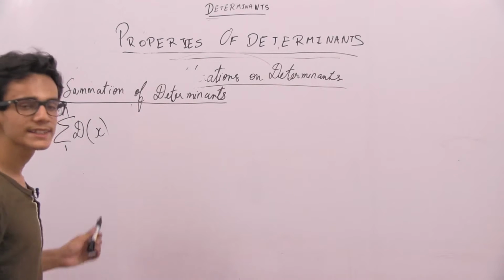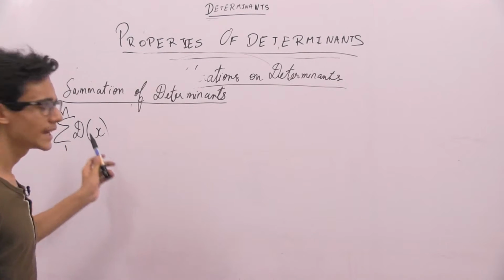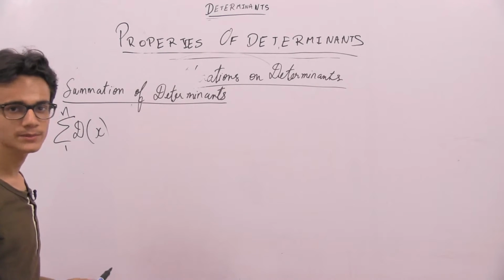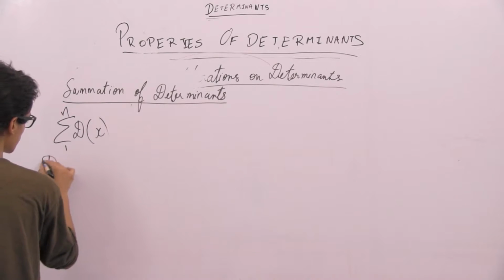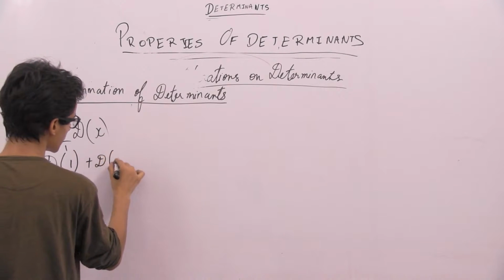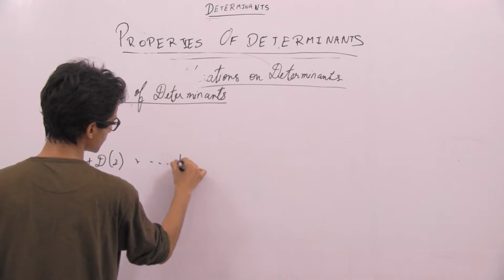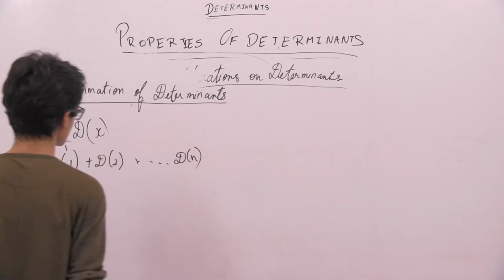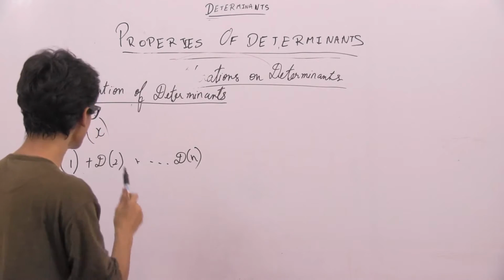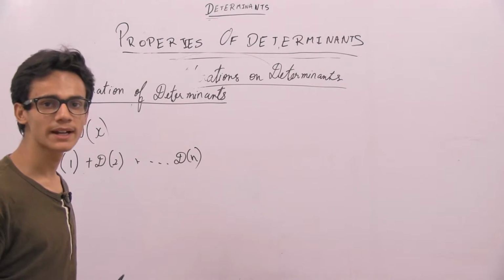Now we want to find the summation of the determinants we get when x changes from 1 to n one by one. So here we need to find the determinant when x is 1, plus the determinant when x is 2, till the determinant when x is n. Again, our main aim is to find this without expanding the determinant.